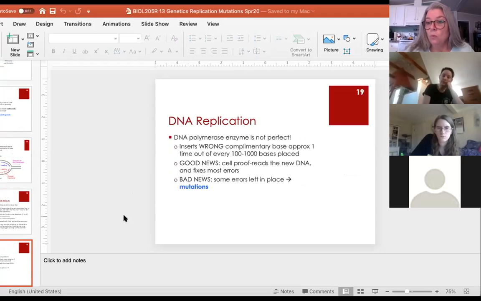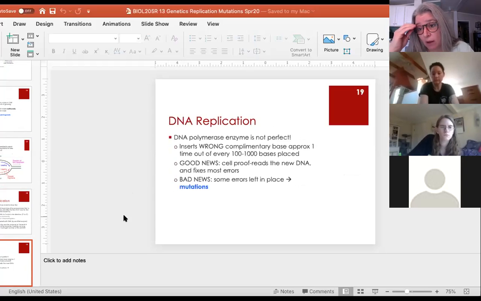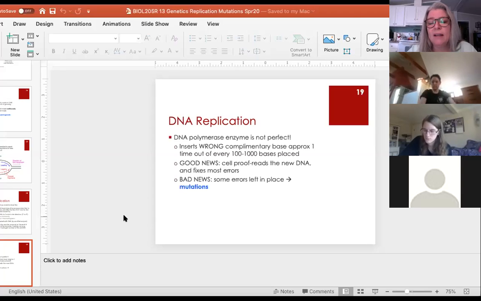So in this lecture, we pointed out that this DNA polymerase enzyme is actually really amazing because it works really fast, number one, and it is essentially very accurate, but it does make mistakes. Remember, we said about 1 every 100 to 1,000 bases in the old DNA, the enzyme puts the wrong base in.